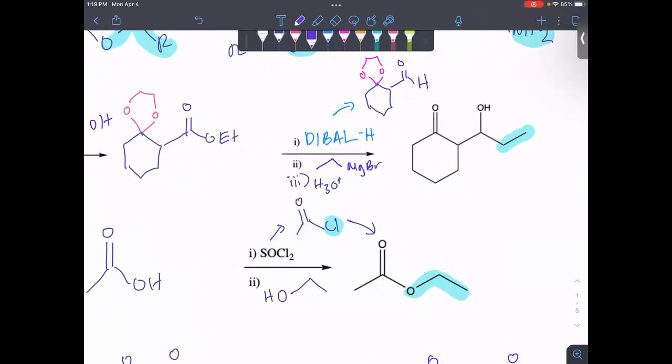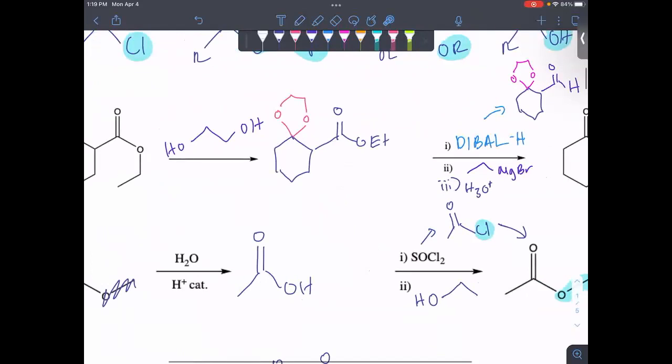And then lastly, I didn't write this, but the very last step would be an acid workup. And then what the acid workup would do is protonate the alcohol and also restore the acetal back into a ketone. It's just the diol and then some kind of acid catalyst.